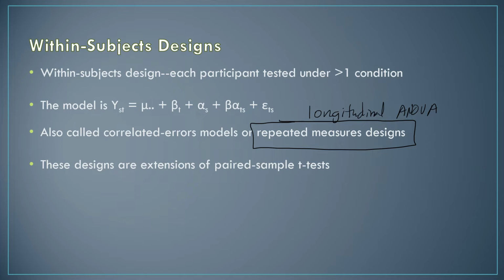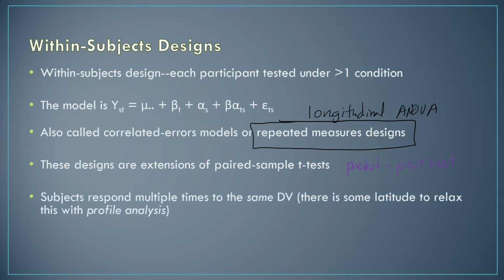Whereas with now the within subjects design, it's like a paired sample t-test, where we use paired sample t-test for like a pre-test, post-test comparison. And this is where every participant is in both groups. It's both in the pretest and in the post-test. But now we have 3 or more of these groups to be able to do this within subjects designs ANOVA.